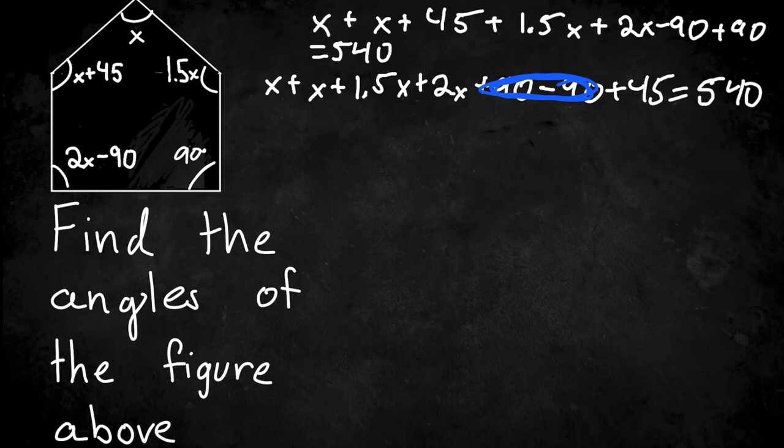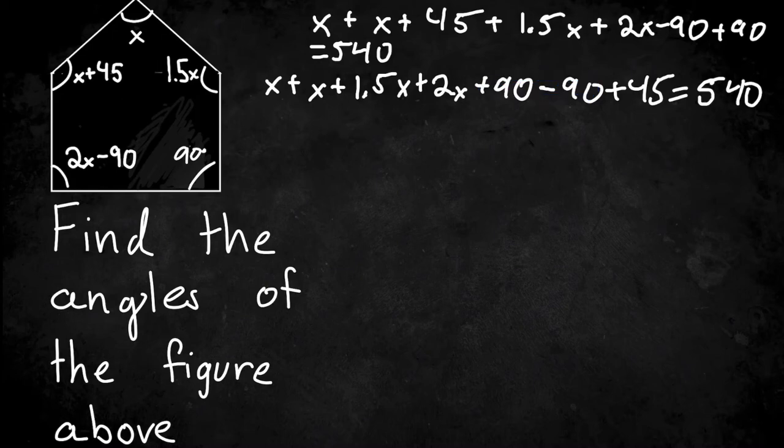Now let's add the like terms. So we have 1x, 2x, 2.5, and sorry, that's 3.5, and 5.5x, right?